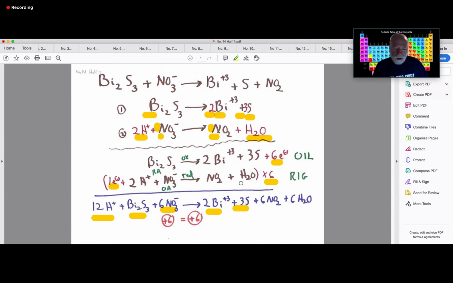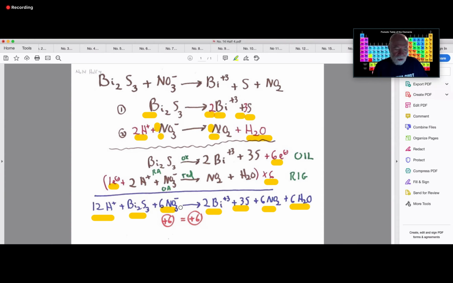Okay, 6 times 1 gives us 6 nitrogen dioxides, and we have 6 waters. 6 times water is 6 waters. Okay, I think I'm going to check this by mass on both sides. Let's see, 12 hydrogens, check. 2 bismuths, check. 3 sulfurs, check. 6 nitrogens, check. How about the oxygen? 6 times 3 is 18. We've got 12 plus 6 is 18. So I think we're in business.